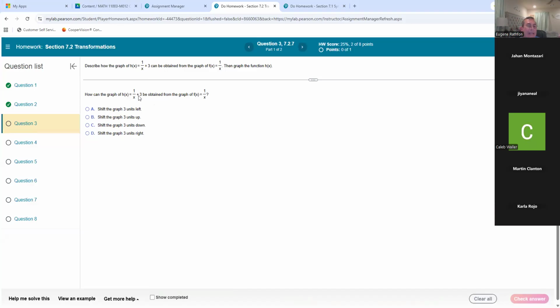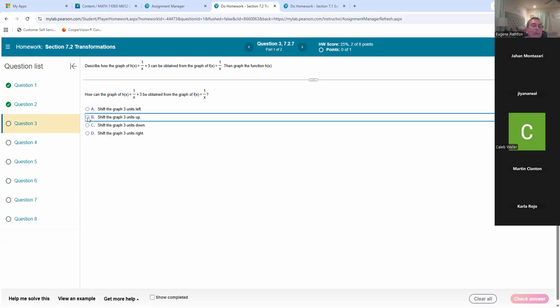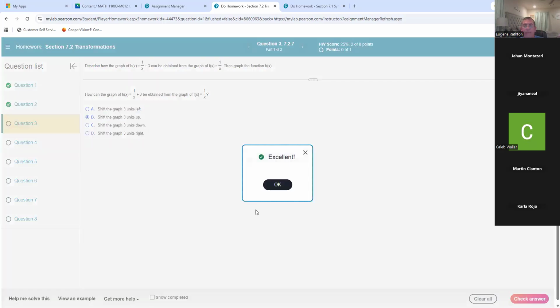So what I need to know, what is that plus 3 doing to this graph? Is it going to go left, up, down, or right? And y'all, once again, that plus 3 is not inside parentheses. So darn good job. That was definitely going to go up. All right, y'all. So we check that.